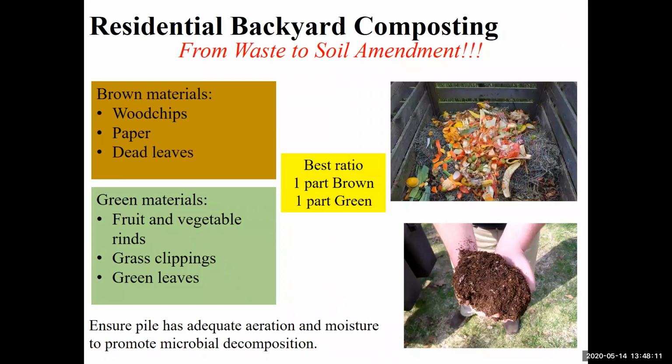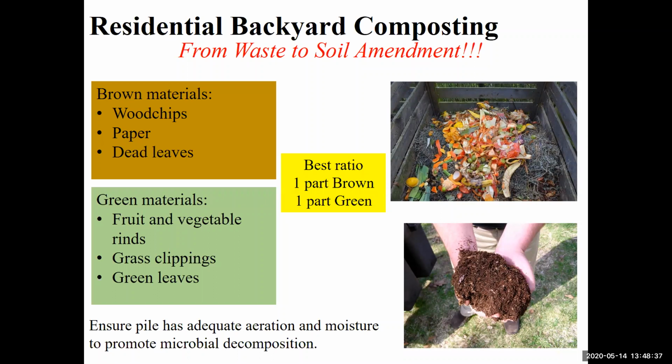So we're moving on to looking at composting. Remember we talked about food waste and how it made up the largest percentage of the municipal solid waste stream that actually gets landfilled. A solution for diverting that food waste from going to the landfill is composting.